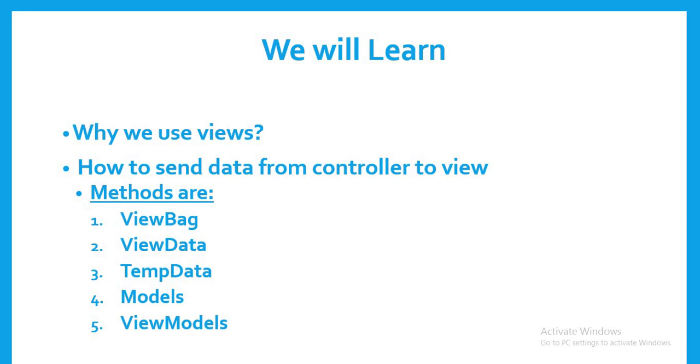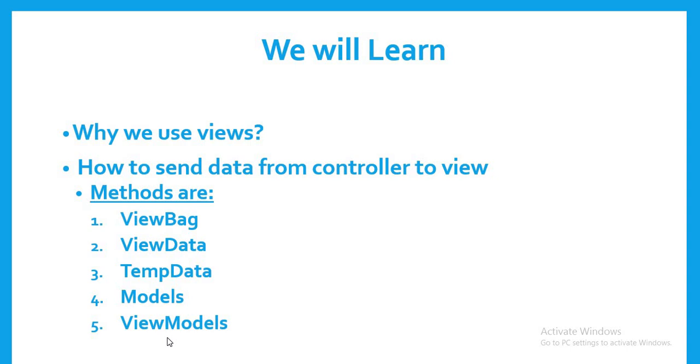Now we have to send data from controller to view, so that the view can apply heading 1, heading 2, a bold tag, an underline tag, or anything else on that content. We have different methods to send data from controller to a view, and the methods are ViewBag, ViewData, TempData, models and view models.